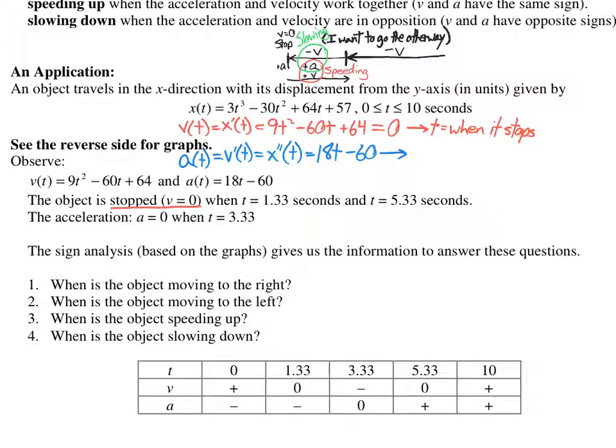Now, acceleration equals 0. Acceleration equaling 0 is when we're either moving at a constant rate of speed or a constant velocity. Or, specifically here, it's the moment when we decide we want to change direction. Like in the video, it's when the dog saw the other dog.